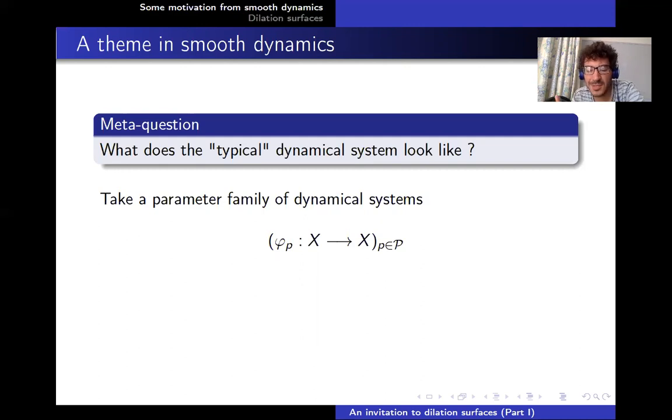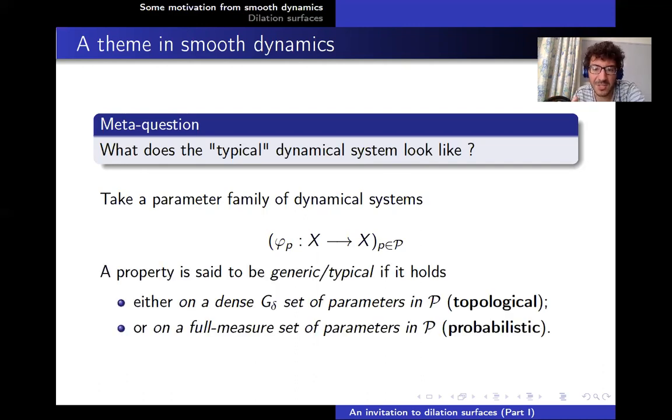There are two competing notions of typicality that are commonly accepted. There is one that is more topological, so I was referring to denseness.